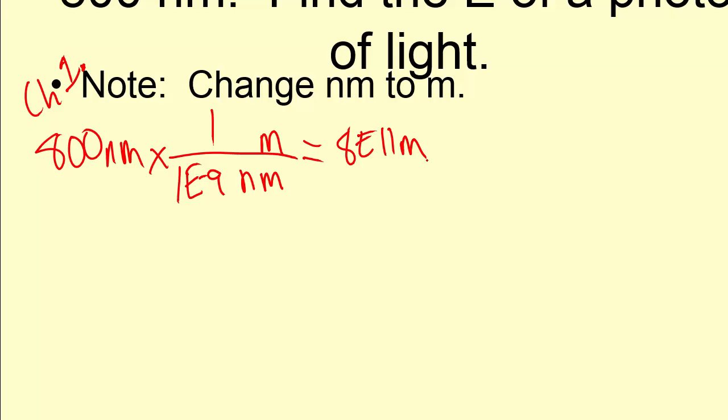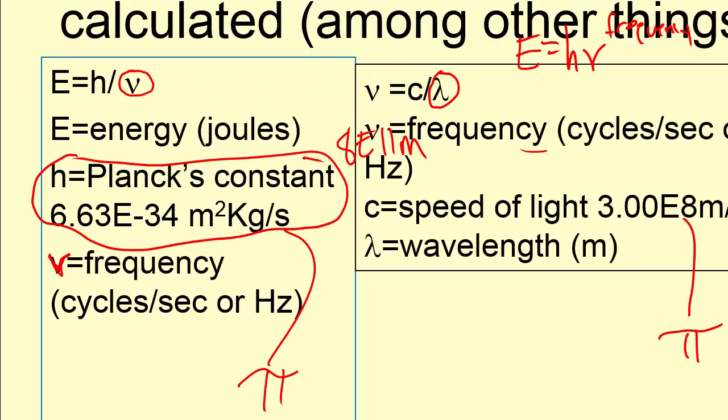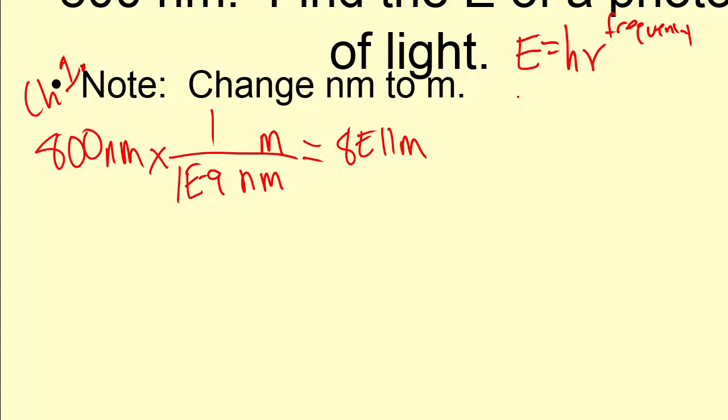I want to find the energy. Now, the first thing I do when I'm trying to do math is I browse my equation sheet. E equals h nu. Remember, this is frequency. Well, frequency is not wavelength, so I now need something with wavelength. I had an equation with that, didn't I? Oh, nu equals c over lambda.